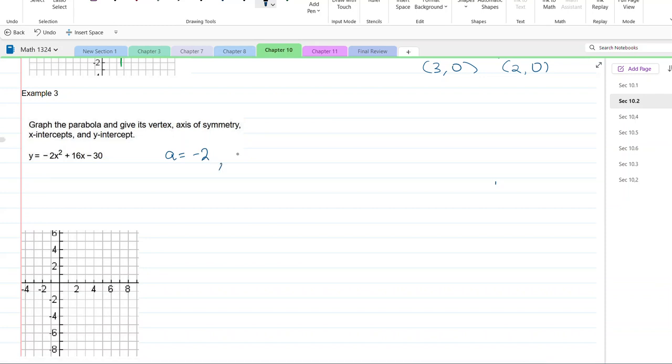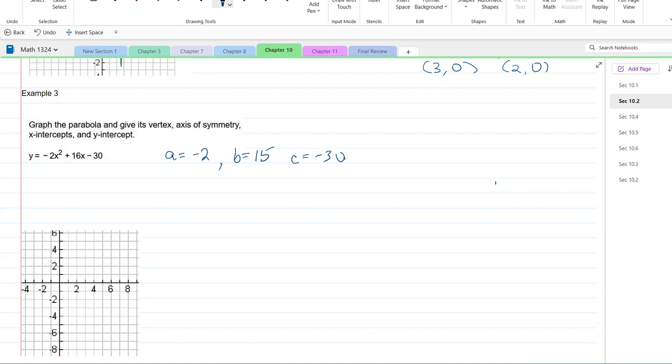It's a reflection. 16 is B. And C equals -30. Now, this one on the calculator, we'd have to adjust. And so this one might be a little bit hard to do, but we'll see what we can do with it.